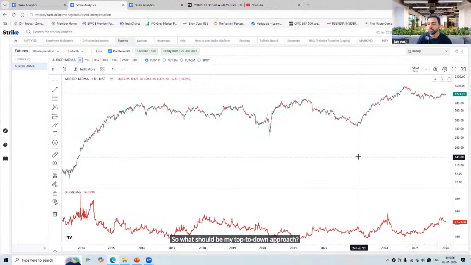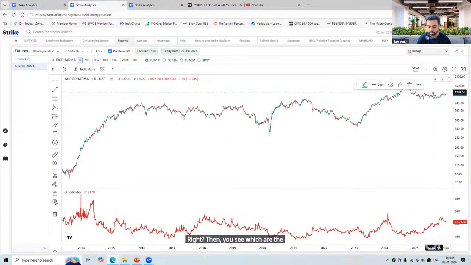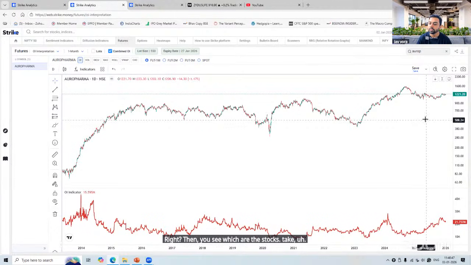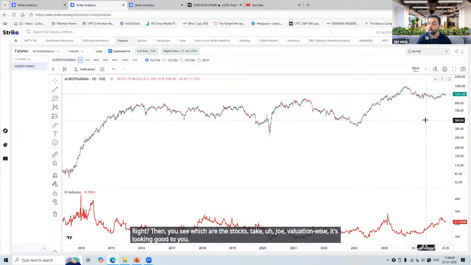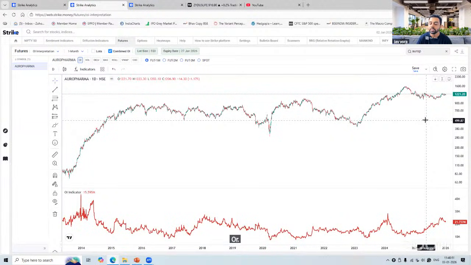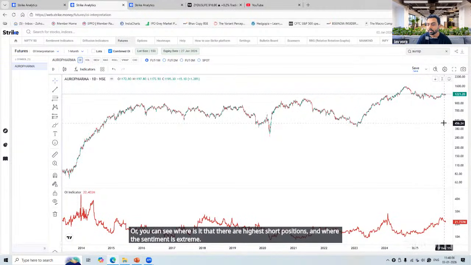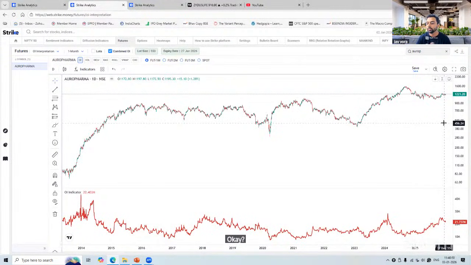So see, top down approach can be that you look at the sector where valuations are in your favor, right? Then you see which stocks look good to you valuation wise, or you can see where there are the highest short positions and where the sentiment is extreme.